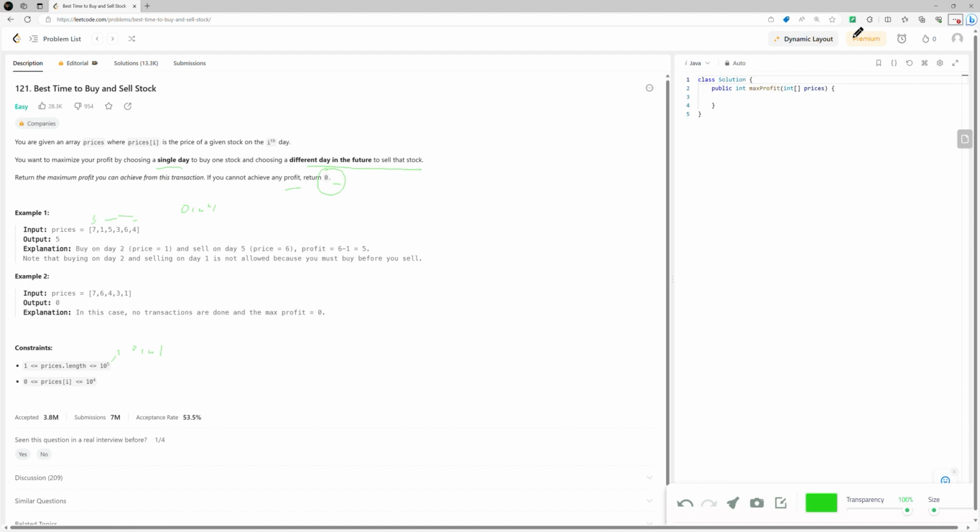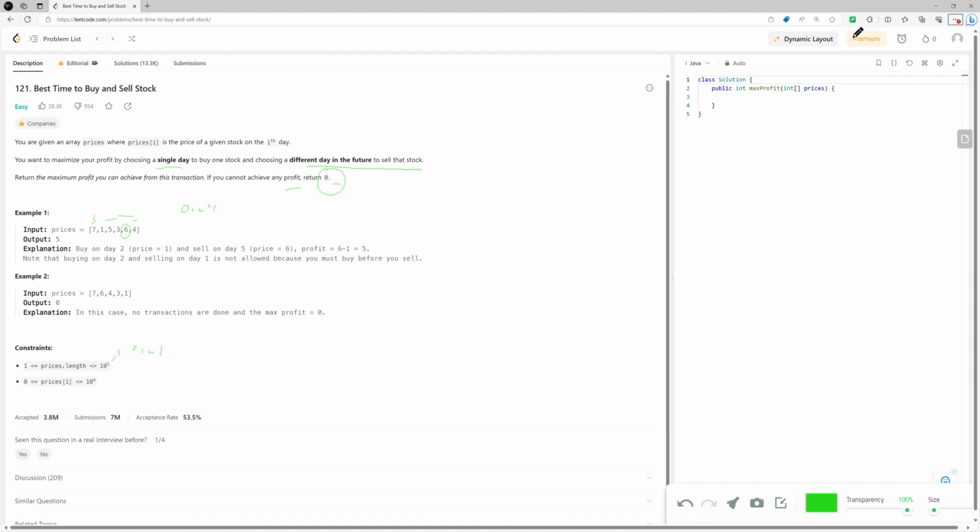But the thing is that we have to first buy the stock before we sell it. So for each day, let's say for this day where the price is 6, we are not interested in anything after this, anything in the future. We are only interested in the minimum price that we have seen so far in the array before reaching this element.